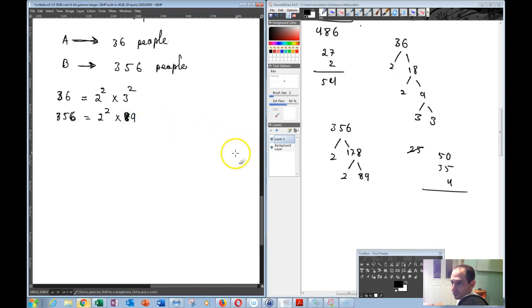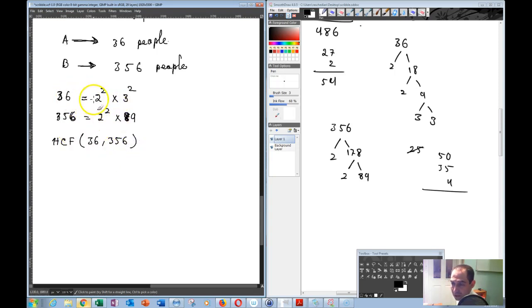Okay. Now, if you want to know how many columns of people you can rearrange using these 36 people and 356 people, take the HCF of these two numbers, 36 and 356.